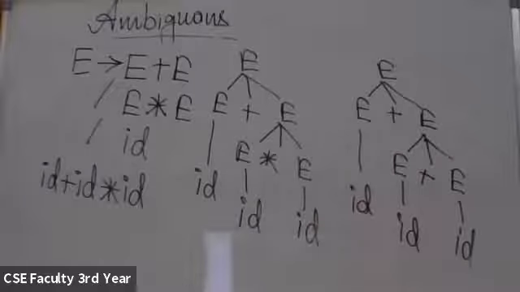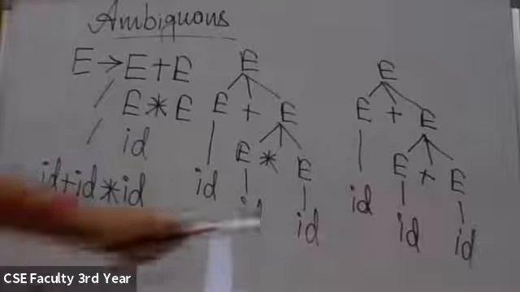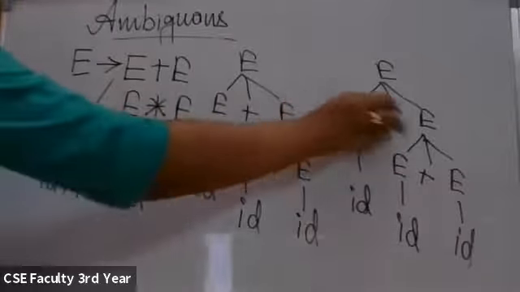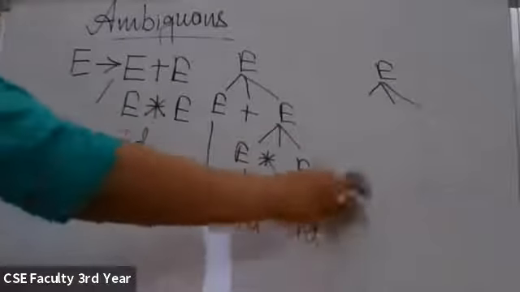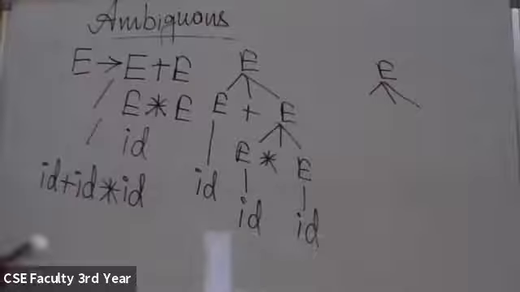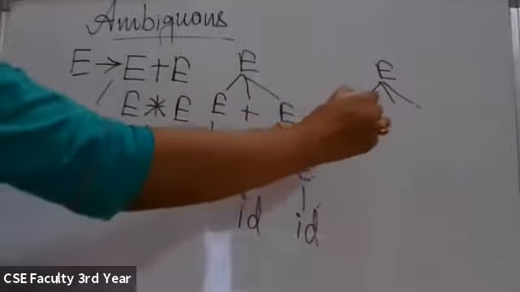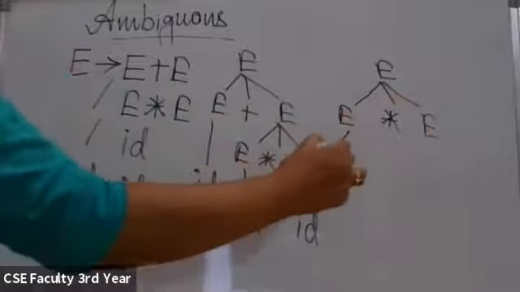First of all, you write E into E. E derives E into E, then you expand this E as E plus E, and you will get it. So let us do it. You develop the habit of drawing this kind of parse trees yourself. Then later on you will not face problems.